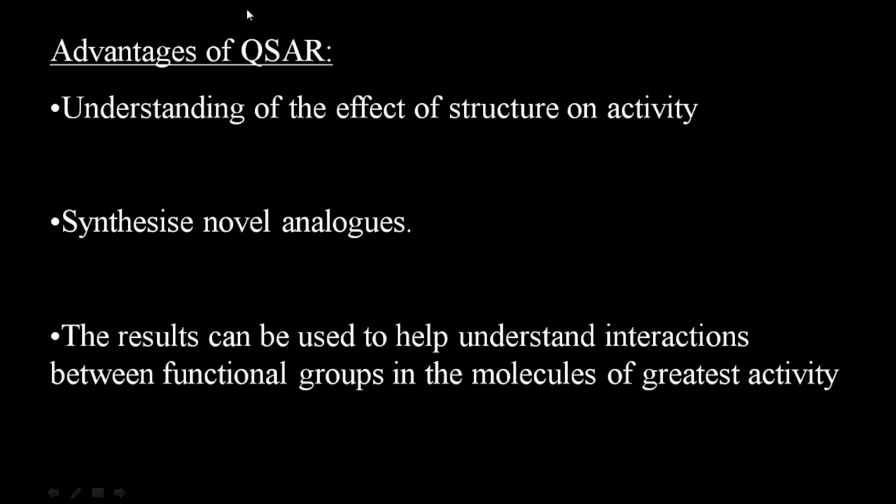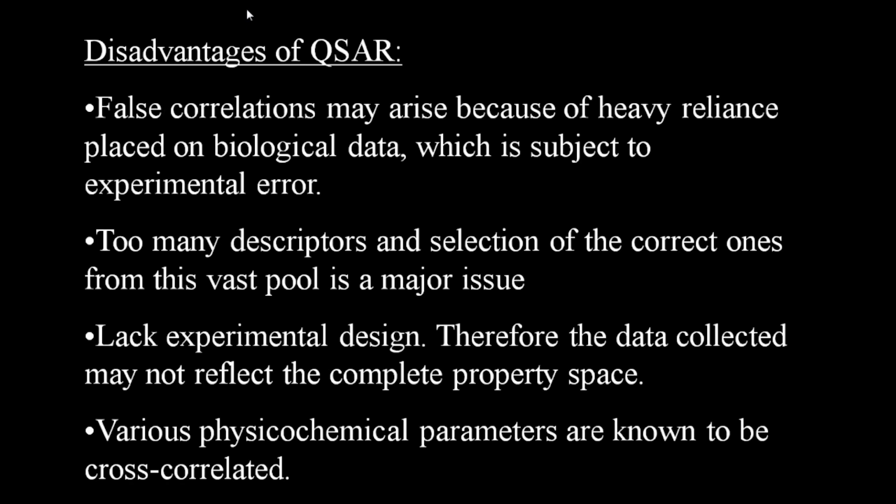Disadvantages, of course: false correlation sometimes may arise because of heavy reliance placed on biological data. Too many descriptors and selection of the correct ones, this is a very important point which I did talk about. Too many descriptors, how do I select the ones which I think are the correct ones?